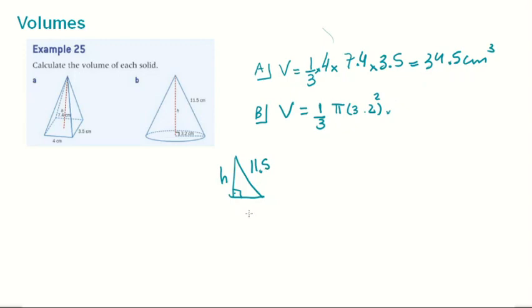This is 11.5 and this is 3.2. So just use Pythagoras. We can find the height to be approximately 11.0, up to 3 significant figures. So if we multiply those numbers here, we'll find 118 cubic centimeters. There you go.